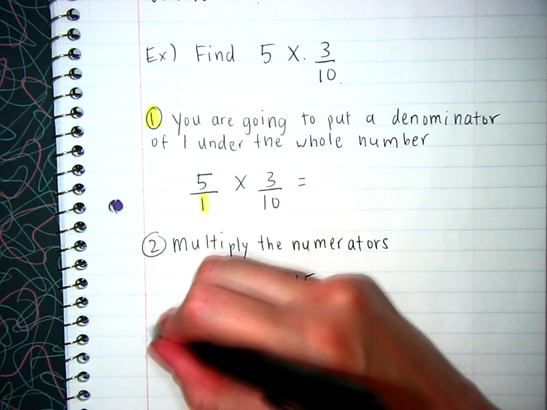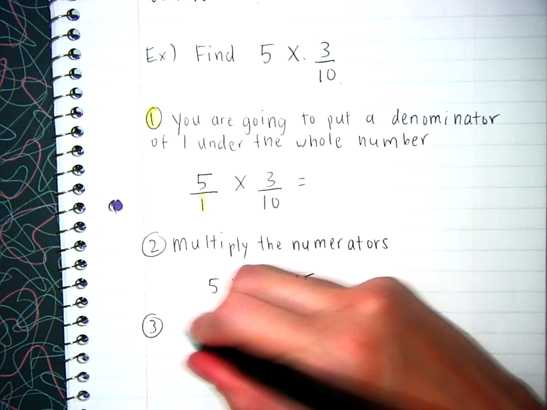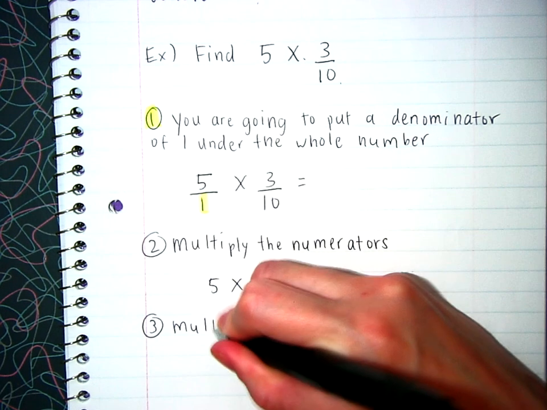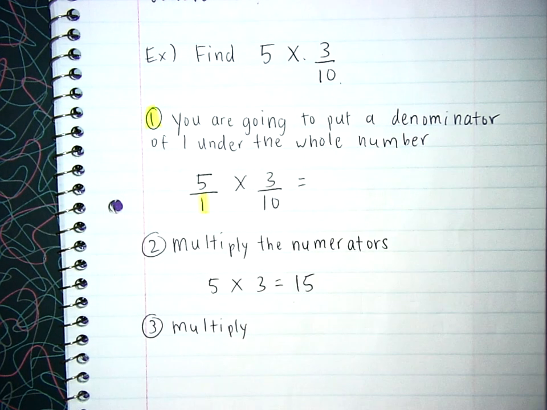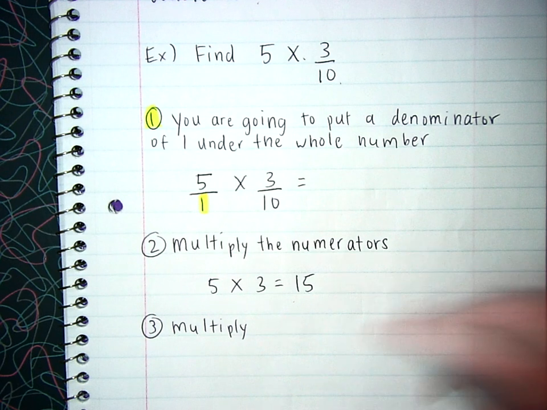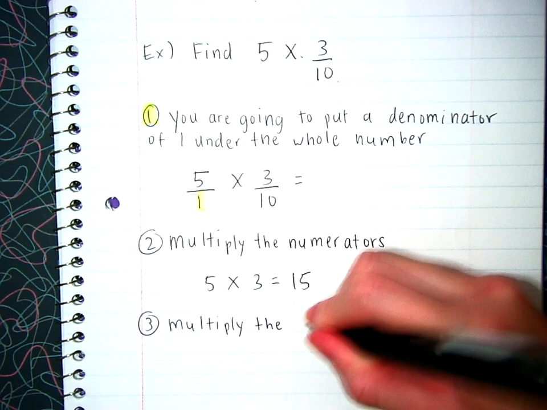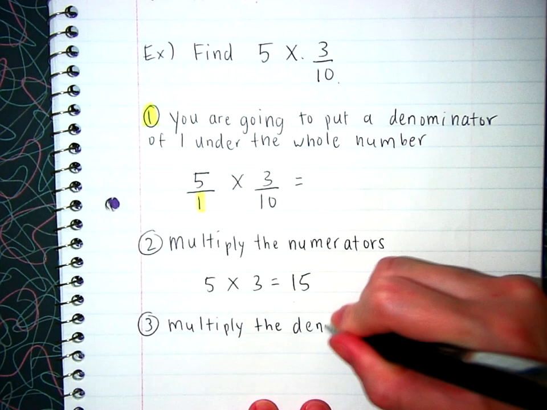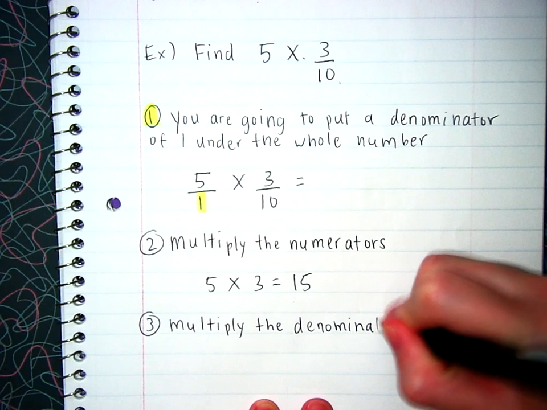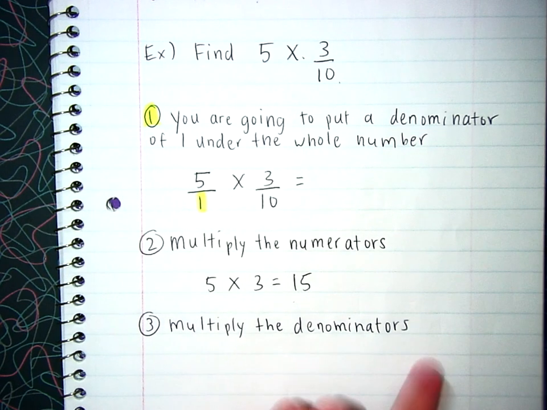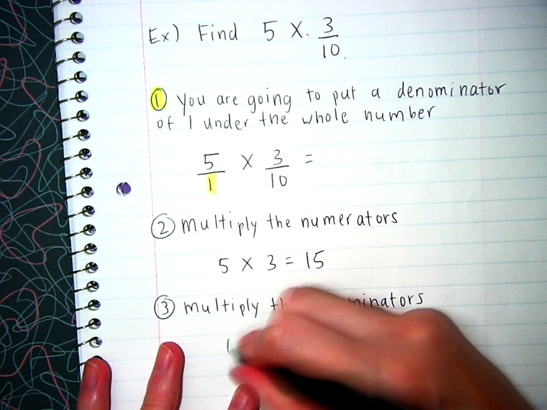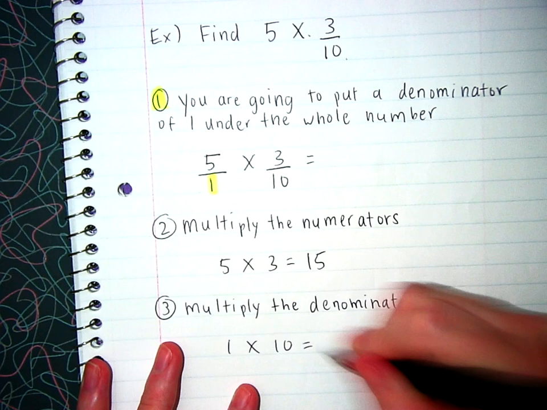Your third step is going to be multiply the denominators. This is different from addition and subtraction, where you keep the denominators the same. When you're multiplying, you change the denominators. So you multiply the denominators. Then that would be 1 times 10 equals 10.